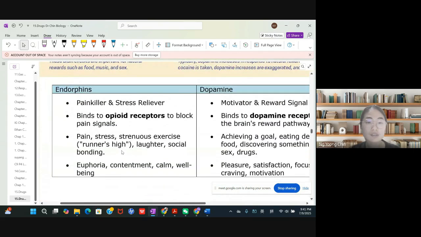So, painkiller and the stress receptor. What they do is they bind to the opioid receptor. Opioid receptor is a kind of receptor, right? So they can help to block the pain signal.